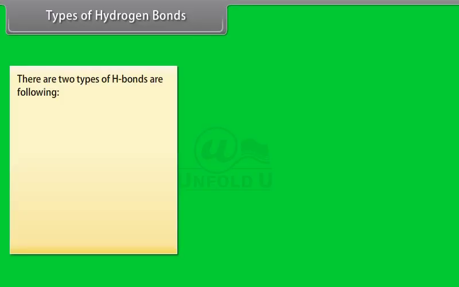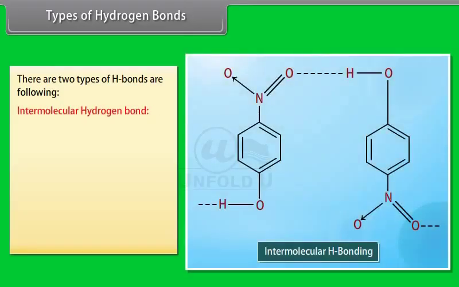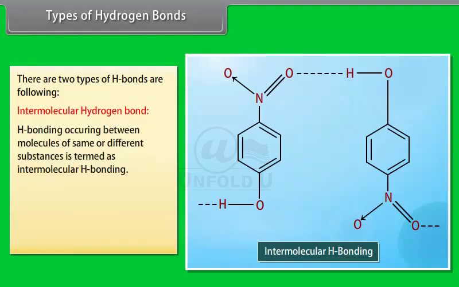Types of hydrogen bonds. There are two types of hydrogen bonds as follows. Intermolecular hydrogen bond. Hydrogen bonding occurring between molecules of the same or different substances is termed intermolecular hydrogen bonding.